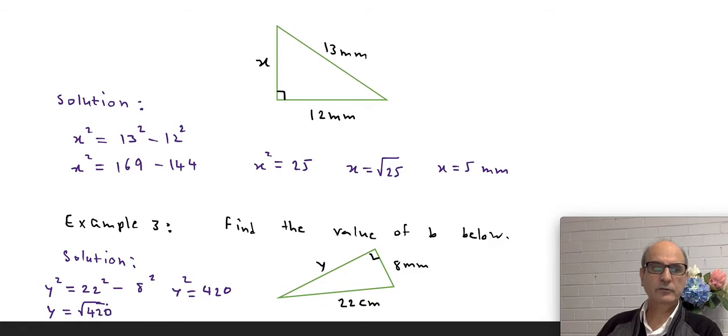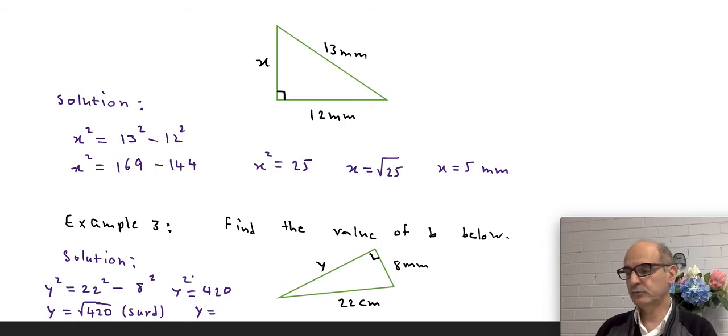If they ask you to leave it in surd form, you finish it here. But if they ask you to give, say, 2 decimal places, then you got to type square root of 420 in your calculator, and give it to 2 decimal places, or whatever decimal places they are asking from you.